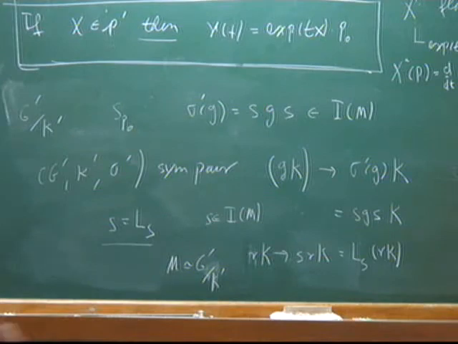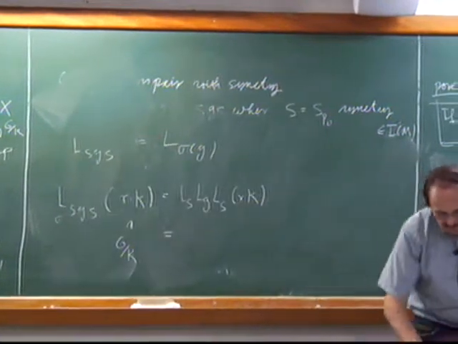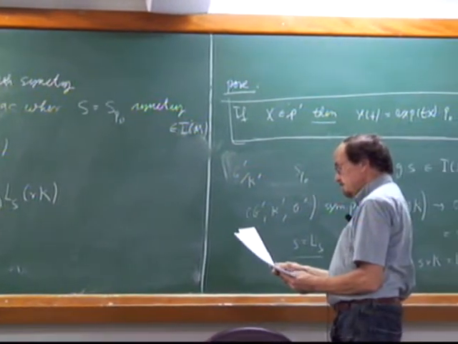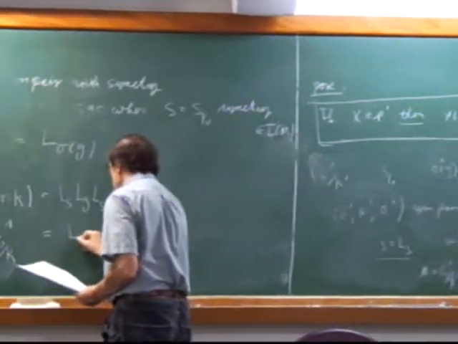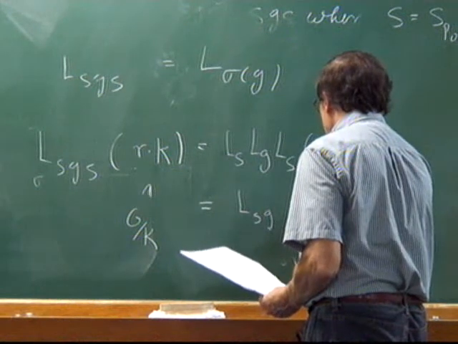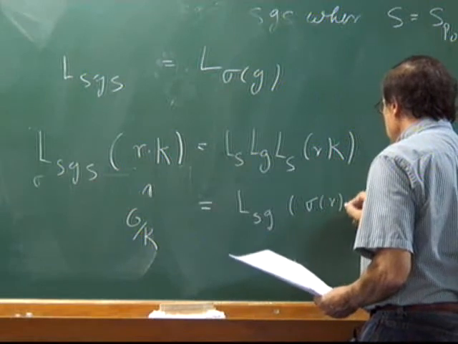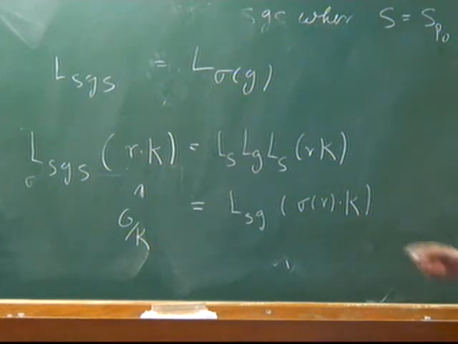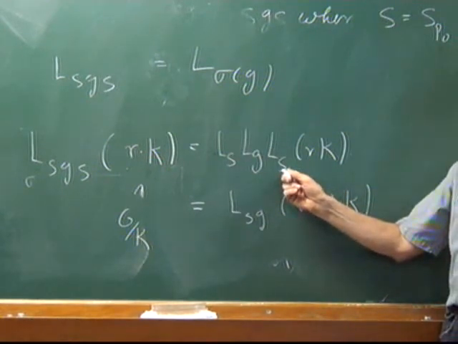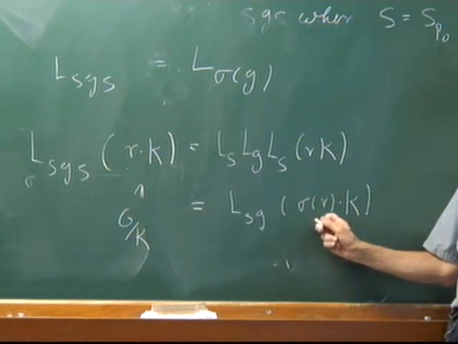So let's go back here. Maybe we can probably erase this now. Make it clear. This is equal to, I'm starting to get confused myself. I claim it's L_sg applied to sigma of r times K. So s was my symmetry. L_s is my symmetry. My symmetry is either induced by sigma or by sigma prime, because they're both symmetric pairs.